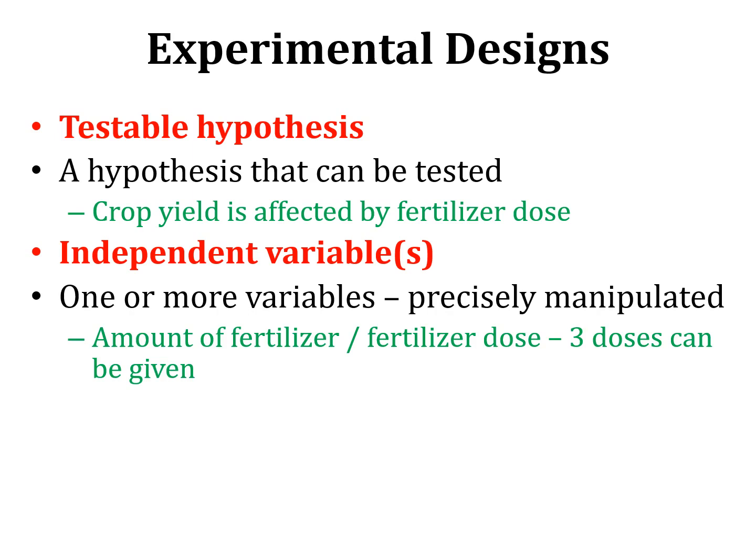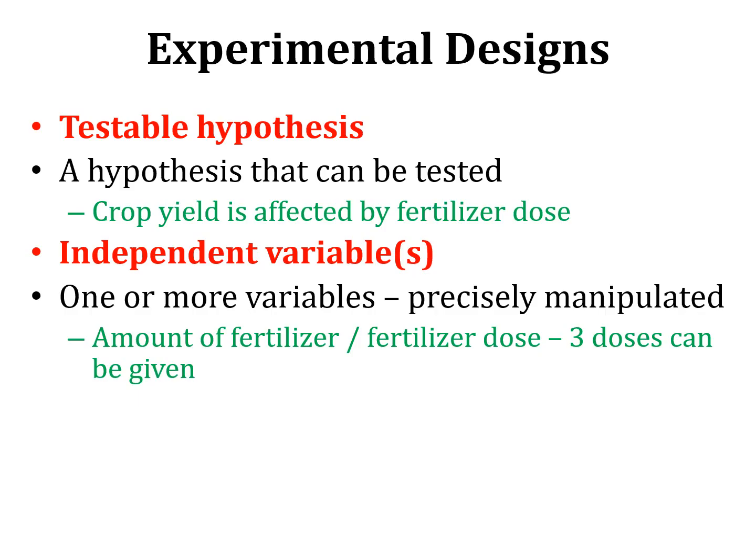This is an independent variable because the amount of fertilizer is not dependent on anything. It is not dependent on crop yield, right? And this variable can be precisely manipulated, so that you can precisely define the doses of fertilizer that you're going to apply onto the crop plants.